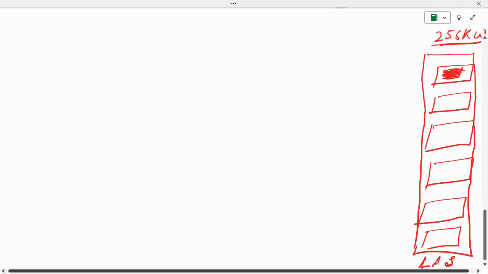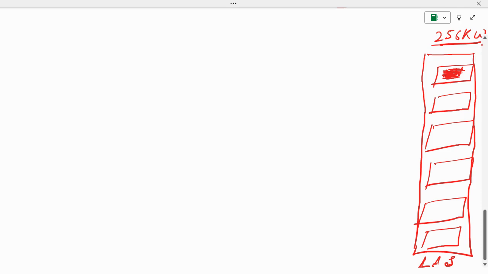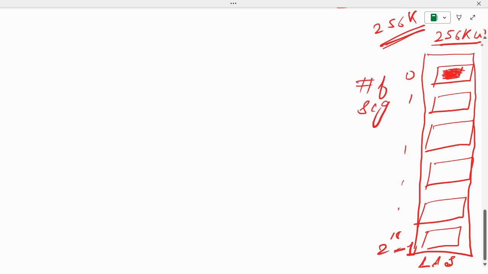The size is 256 kiloword, and we have divided it into 2 raised to the power 18 segments, numbered 0, 1 and so on up to 2 raised to the power 18 minus 1. So the total number of segments here is nothing but 2 raised to the power 18, right? This I want to illustrate.